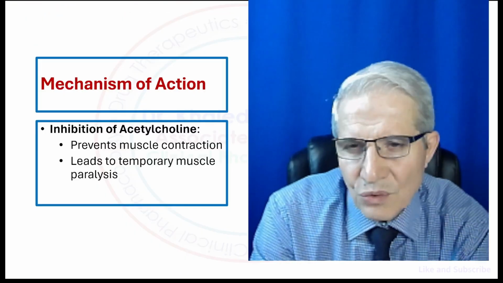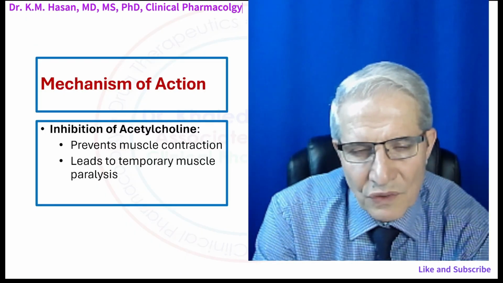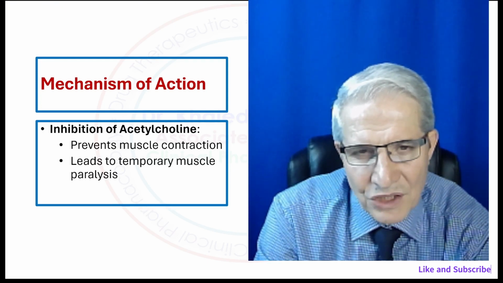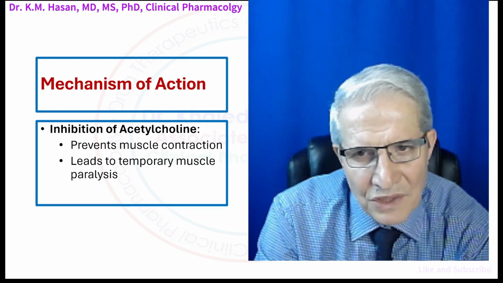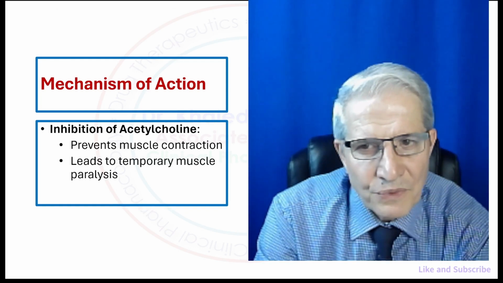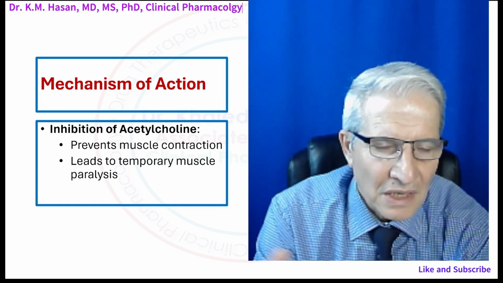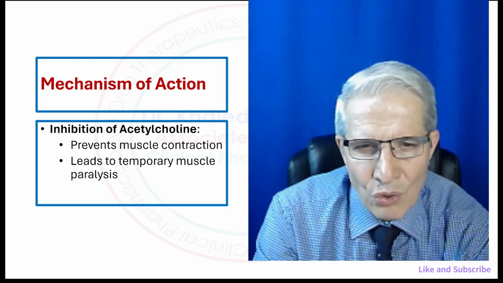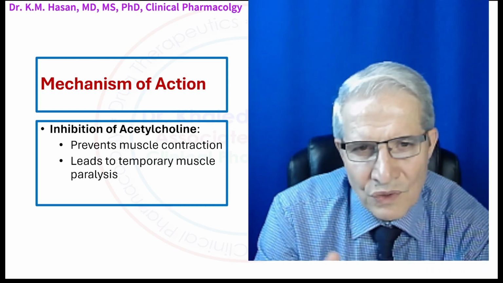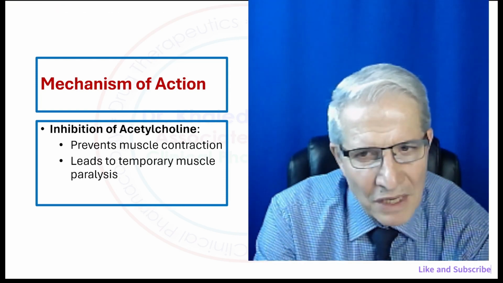How does this medication work? Botox, or botulinum toxin in general, inhibits acetylcholine. Someone may ask, what is acetylcholine? Acetylcholine is considered a neuromediator released from the neurons, from the nerves in the brain and the spinal cord.